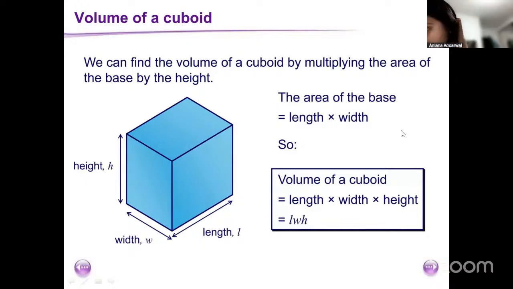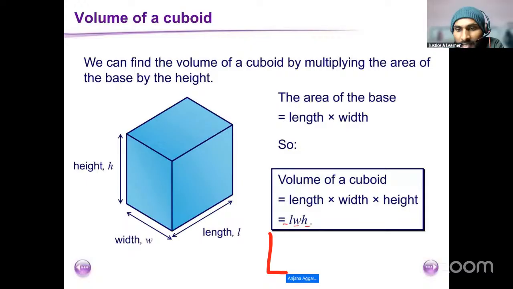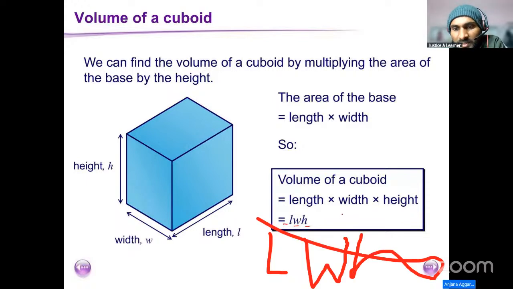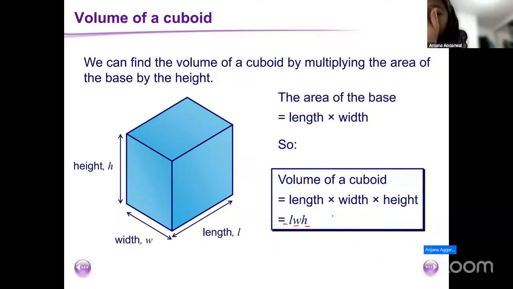Okay, listen. As you told, this is L H W, but in cube, it's LWH. Even if I call it LHW, nothing would change in that, right? Yes, it doesn't matter.